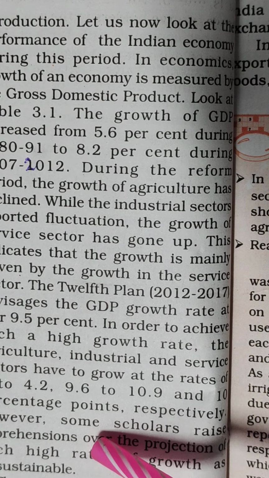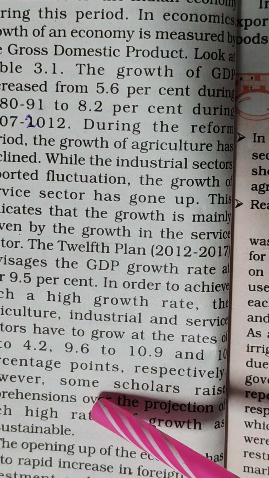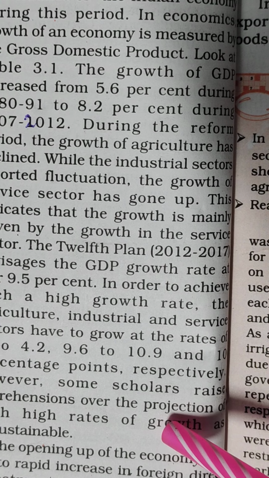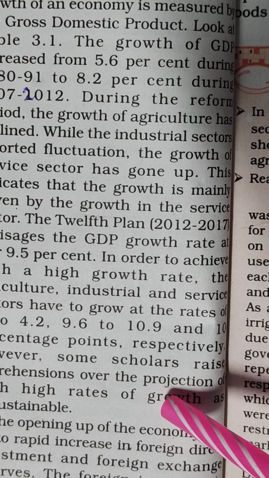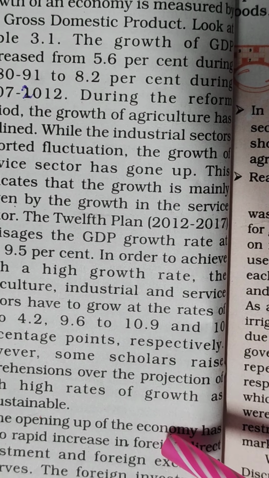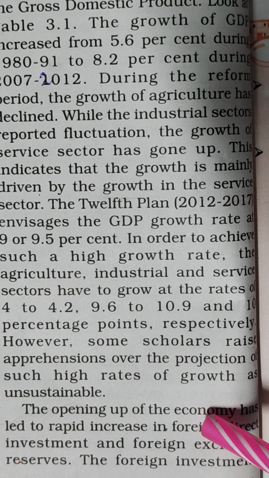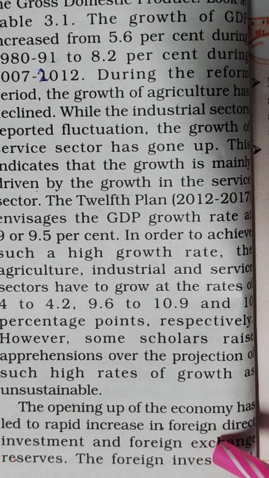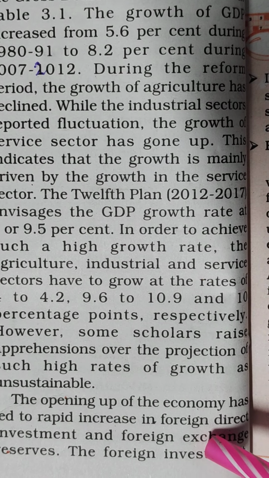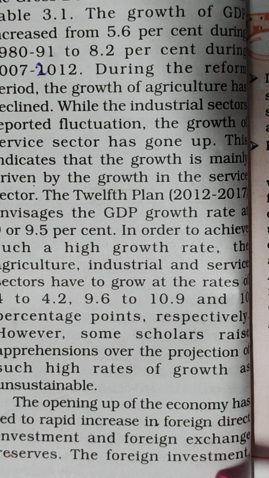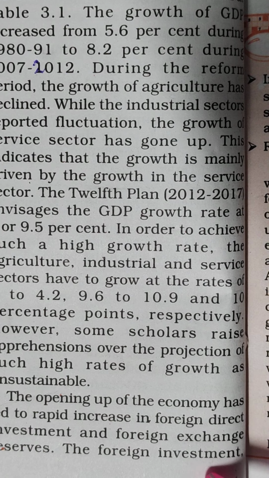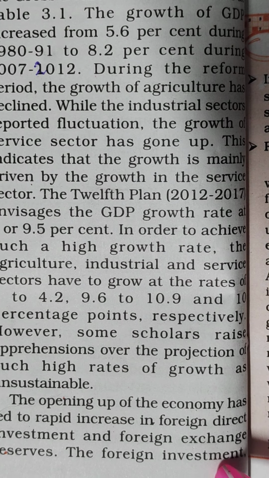However, some scholars raised apprehensions over the projection of such high rates of growth as unsustainable. The opening up of the economy has led to rapid increase in foreign direct investment and foreign exchange reserves.